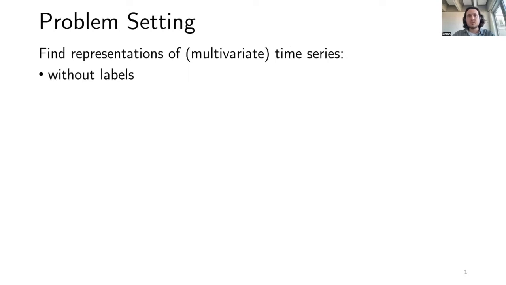So you don't know, if you're thinking about a setting like time series classification, the outcome of whatever this input time series might be. As I said, inputs can have varying lengths.